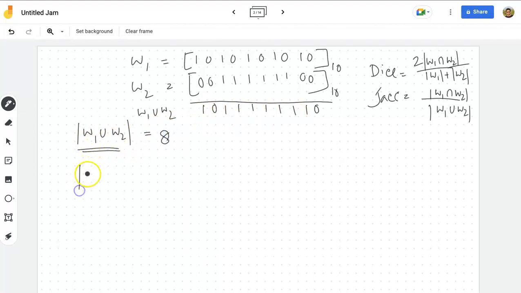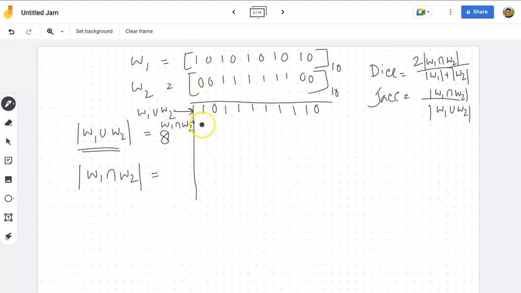And similarly, we can find the intersection. Okay, so what is the intersection? For W1 intersection W2, if both of them are 1, then only the intersection will be 1.